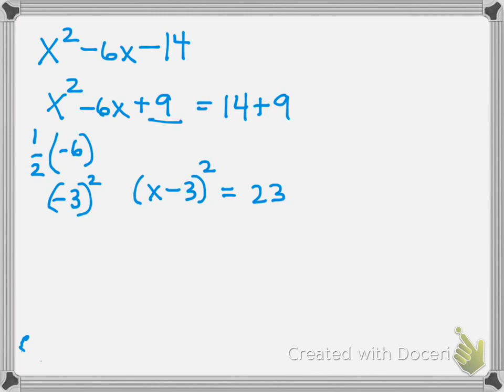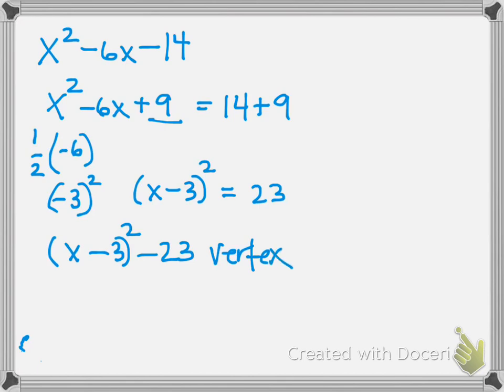Okay, so here's two cool things from this. From here, if I want to get x-intercepts, I know how to do that. I just solve for x, so you take the square root of both sides. Also, if you want to just get it in vertex form, you just move the 23 over. So if I move the 23 over, this is vertex form.